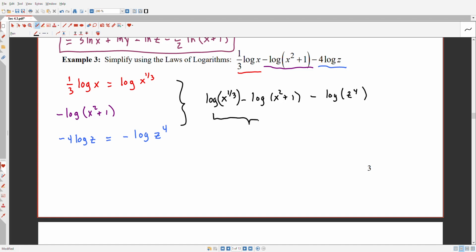If I combine these two expressions, I can say, hey, that's a difference of logarithms.